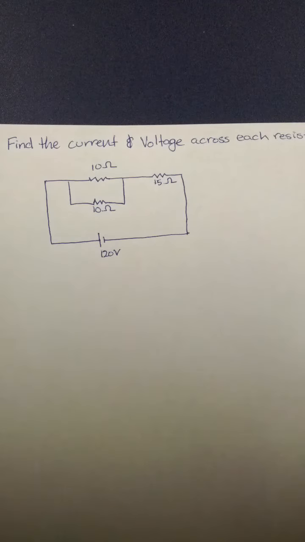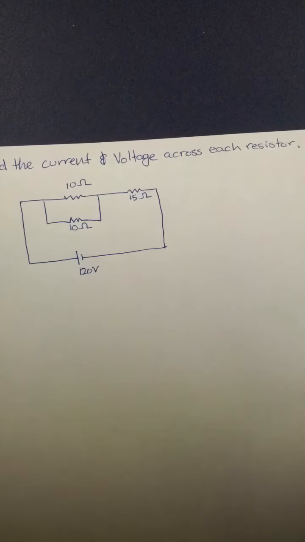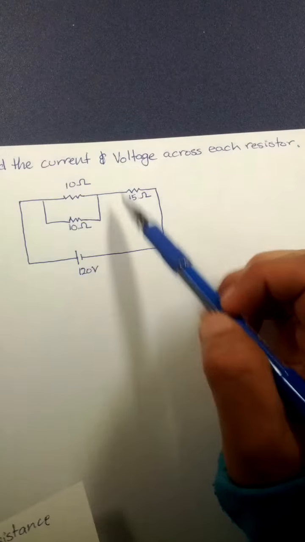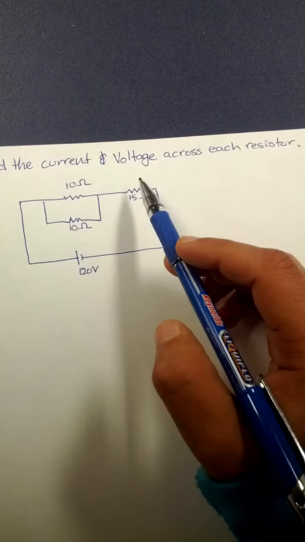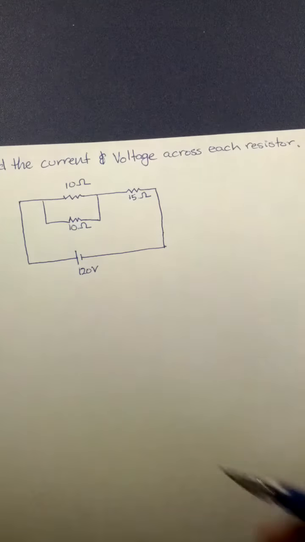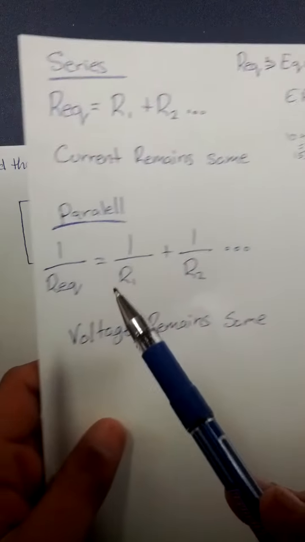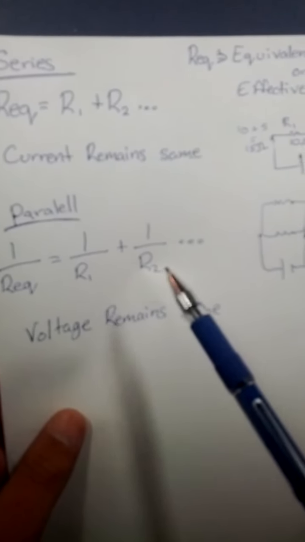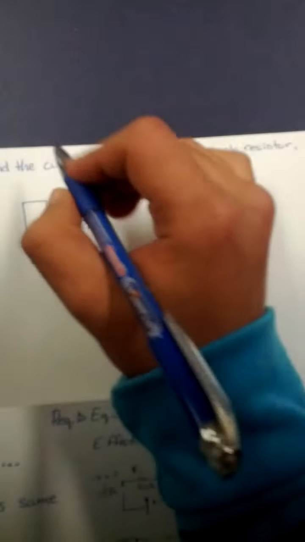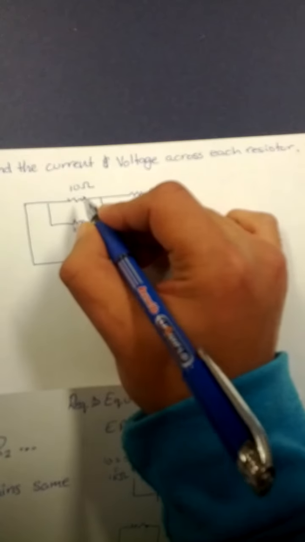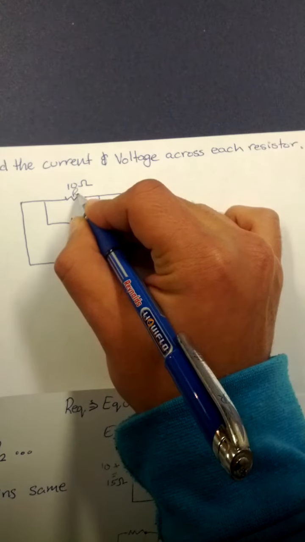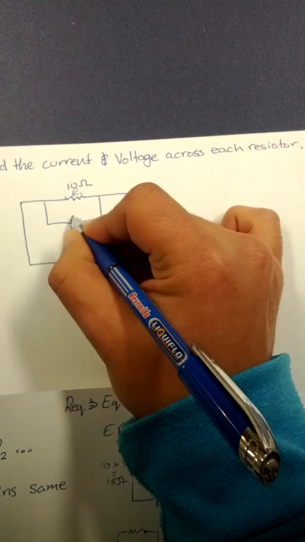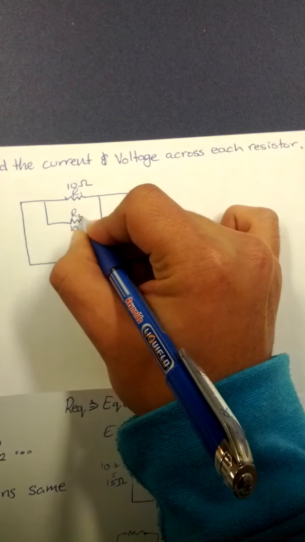So like I said, if you don't know already, the formula, which I wrote down over here, we're going to solve for the parallel first. So we're going to find the REQ of the parallel circuit. If you look over here, 1 over REQ equals 1 over R1 plus 1 over R2. It doesn't really matter which one you call R1, but let's say this one's R1 and this one's R2.